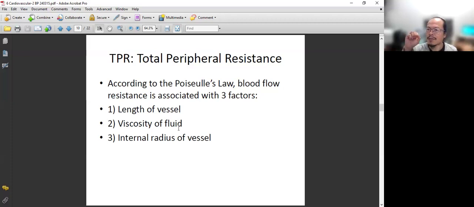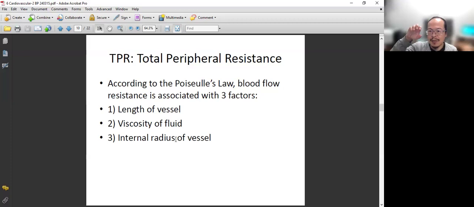If the blood becomes thickened, why does that happen? Some diseases will cause the blood to become viscous, very sticky. So that could be one. Another, more common one, is the vessel diameter.